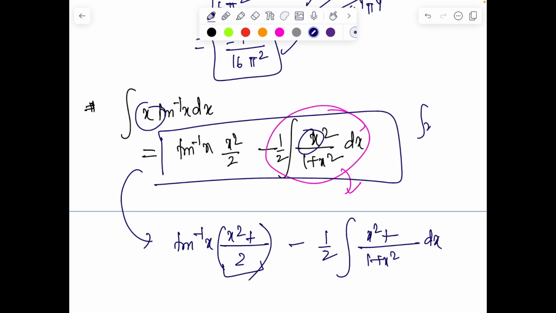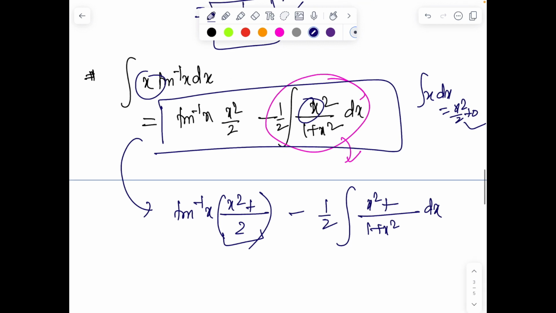Here, instead of selecting the integration of x dx as x square by 2 plus 0, what I'll do smartly is I'll select x square plus 1. And the motivation for this selection is coming from the denominator.